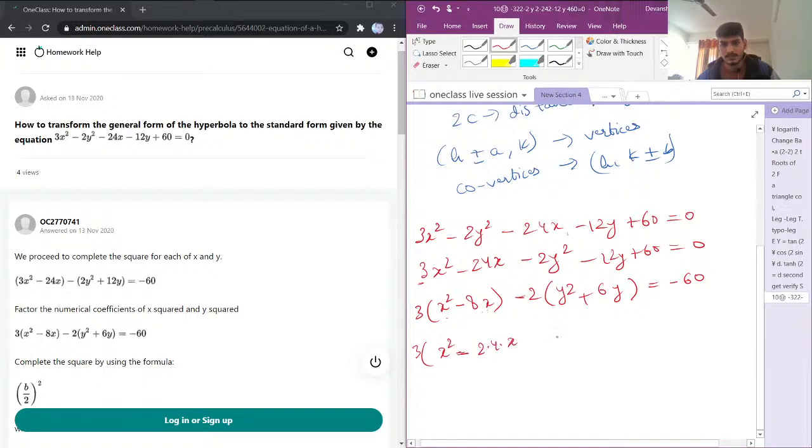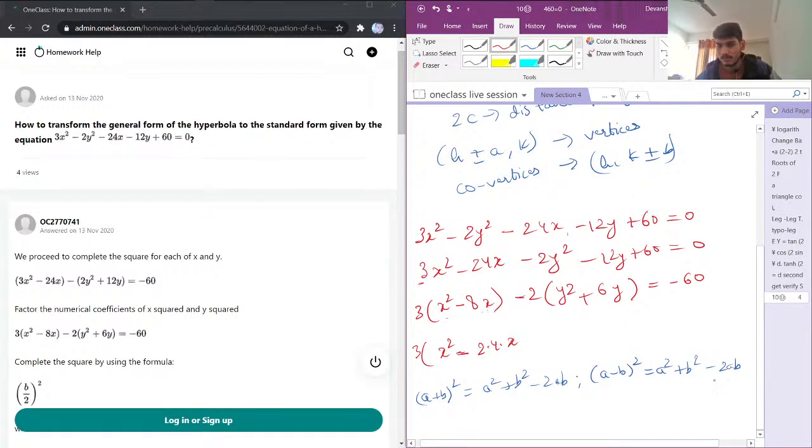Then for the square term, I'll just write these formulas: (a plus b) whole squared equals a squared plus b squared plus 2ab, and (a minus b) whole squared equals a squared plus b squared minus 2ab.